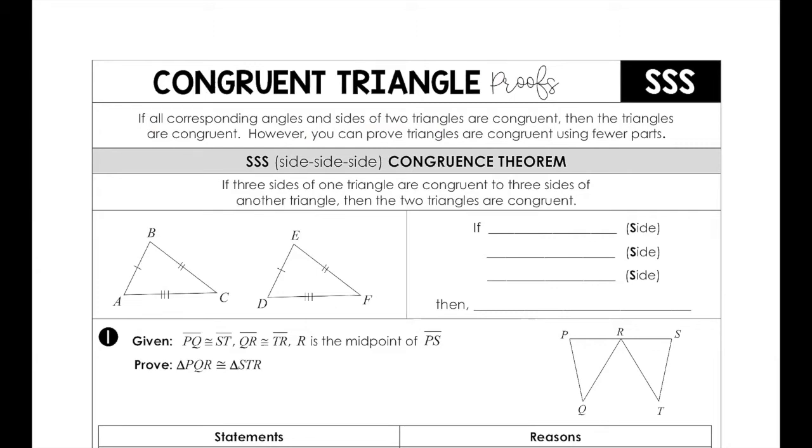So when I look at these triangles, somebody give me a congruent pair of sides. Sides, so it's only 2 letters. AB, okay, so we say AB. And what is AB congruent to?